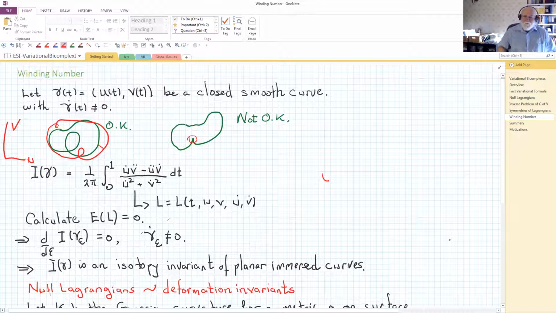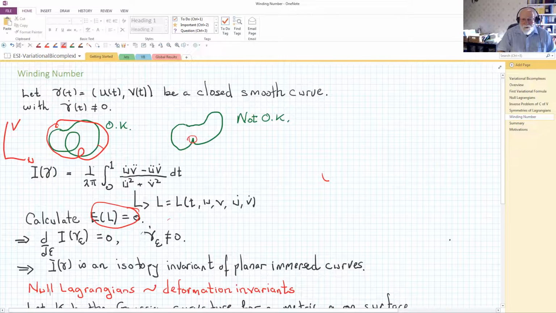And so we get a very, very important interpretation of null Lagrangians. So for geometric problems, if we have a Lagrangian which is null, then that's somehow a deformation invariant of our geometric problem. Of course, you might recognize this formula as the formula for the winding number of a curve.